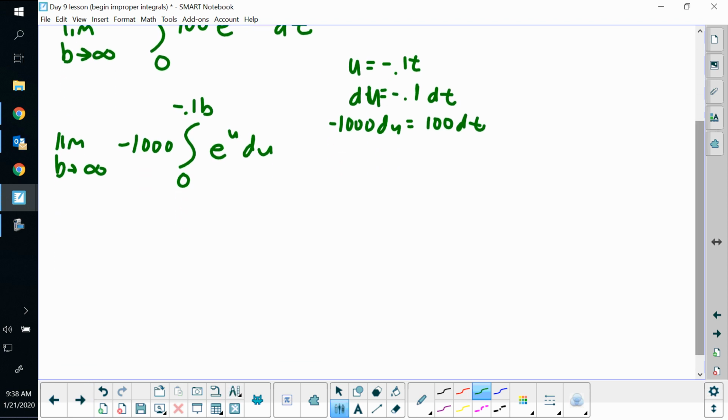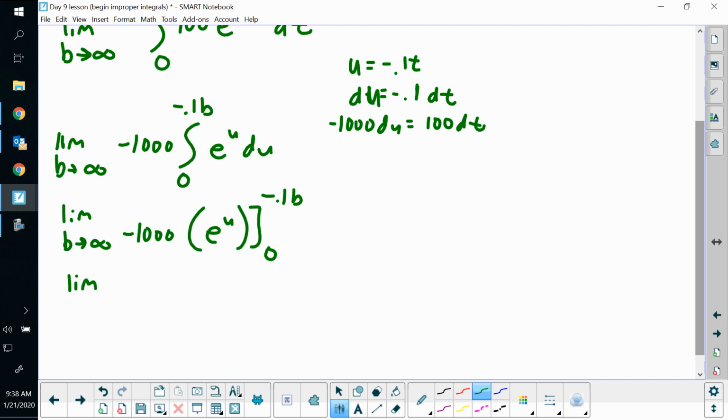So we'll take our antiderivative now. This becomes limit as b approaches infinity. We'll have negative 1,000, and we'll just have e to the u going from 0 to negative 0.1 b. So we'll fill in. We got limit as b approaches infinity. We've got negative 1,000.